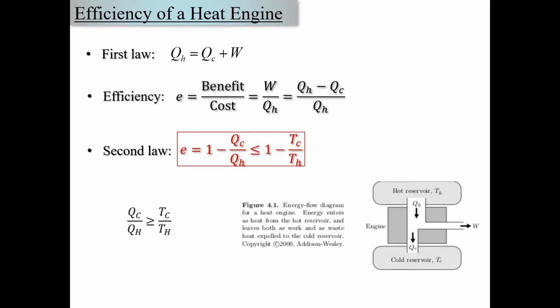This sets the maximum possible efficiency of a Carnot engine based on the ratio of temperatures of the hot and cold reservoir. And this efficiency limit comes simply from our second law of thermodynamics, that we cannot decrease the entropy of the universe by running our engine.